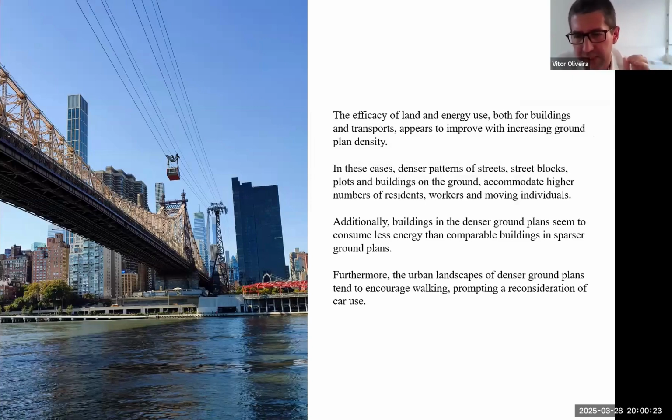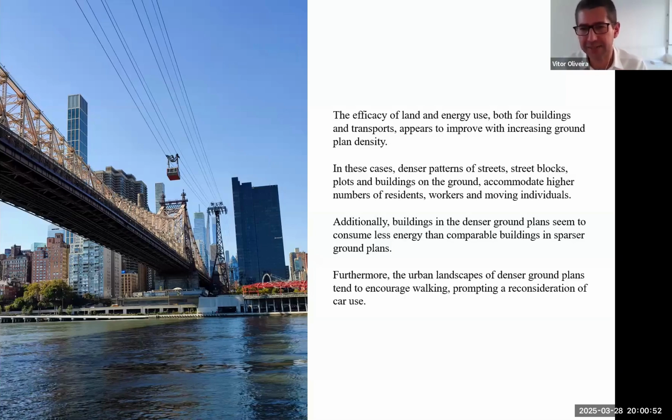In our case studies, denser patterns of streets, street blocks, plots, and buildings on the ground accommodate higher numbers of residents, workers, and moving individuals. So land is being consumed and used more effectively. Buildings in denser ground plans seem to consume less energy than comparable buildings in sparser ground plans.